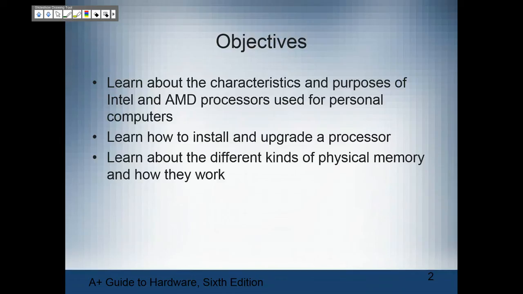The other one, we talk about 32-bit, 64-bit, how much information can go to the processor at any given time. When we go from 32 to 64-bit, we've actually doubled the data rate that we're using to get to the processor itself. Learn how to upgrade memory, not such a big deal. We just kind of snap it in and snap it out.